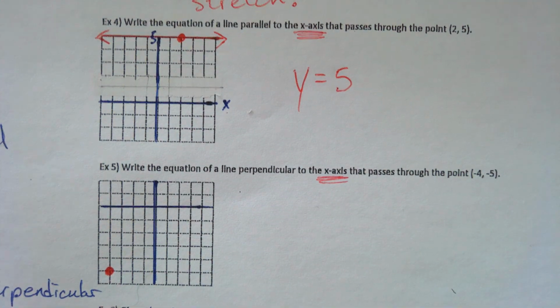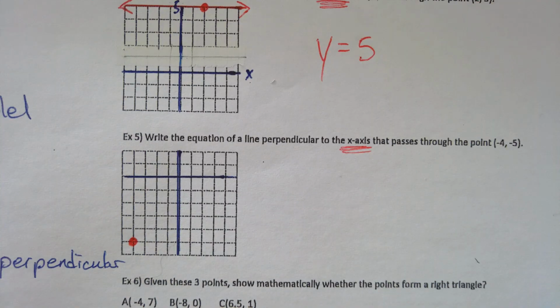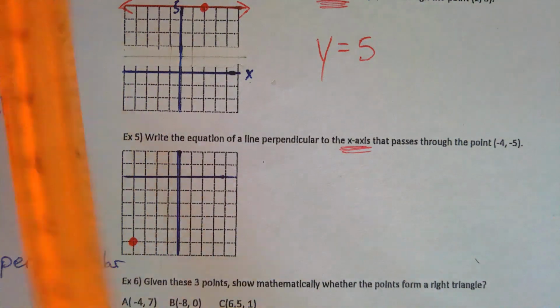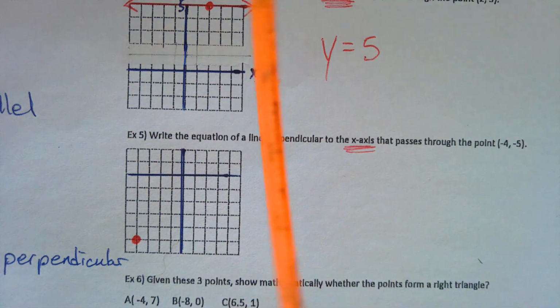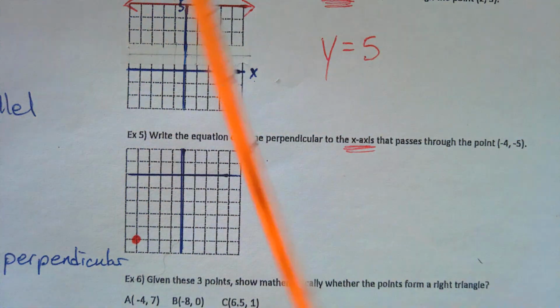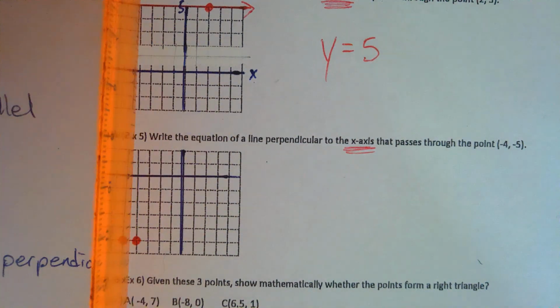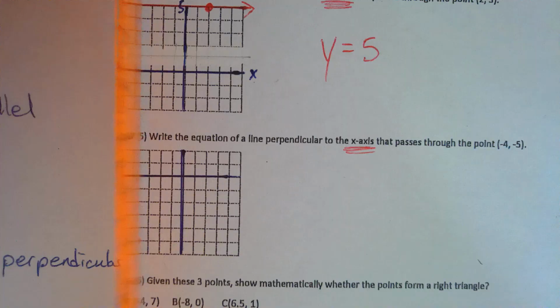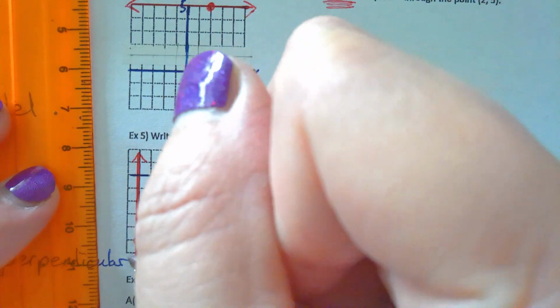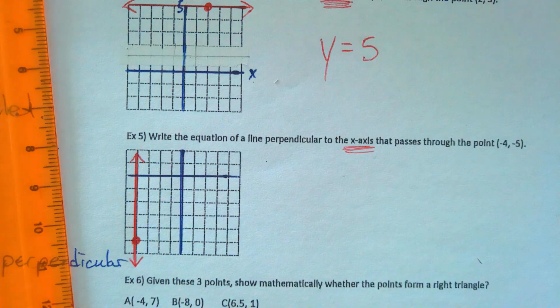Perpendicular to the x-axis, am I talking about a horizontal or vertical line? Perpendicular to the x-axis. This is my x-axis. Perpendicular to it means vertical. So I'm looking for the equation of this red line. And where does it cross? What's the equation of this line?